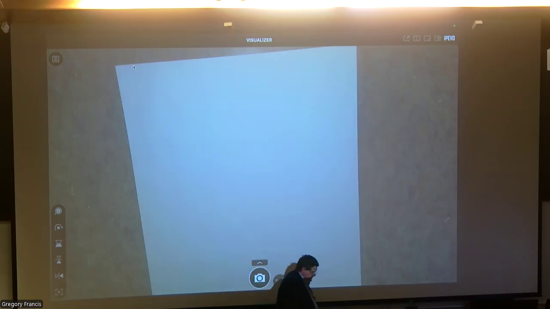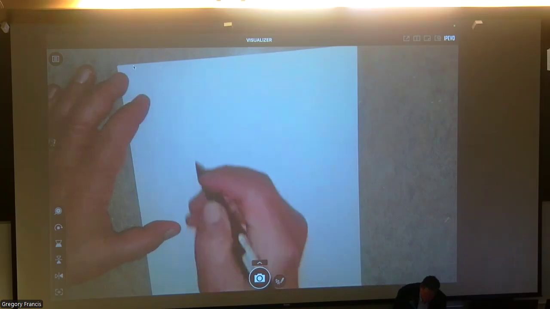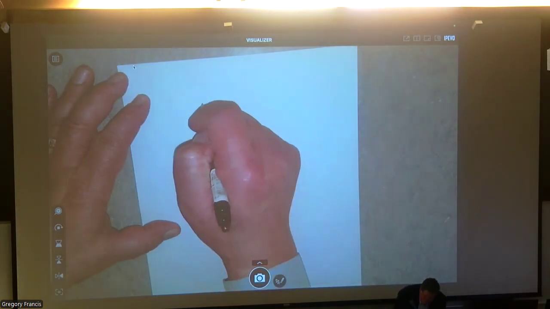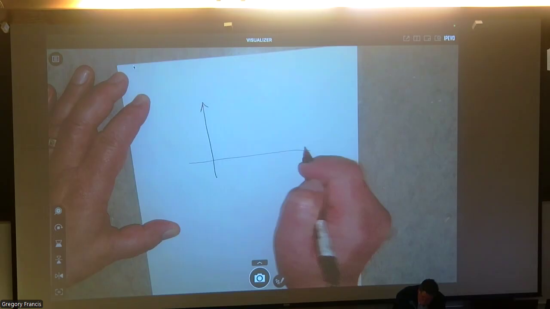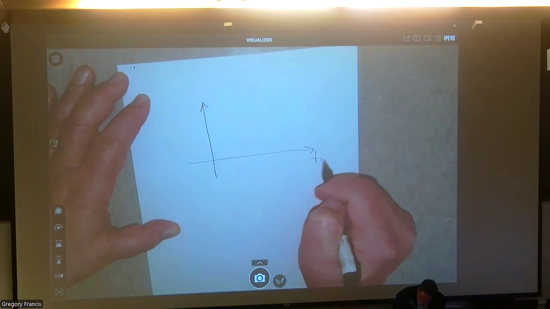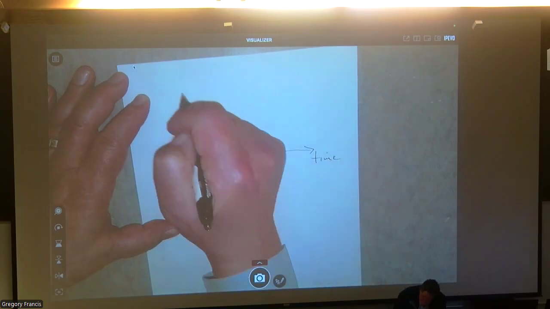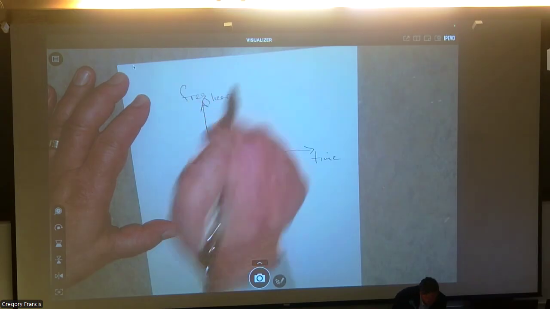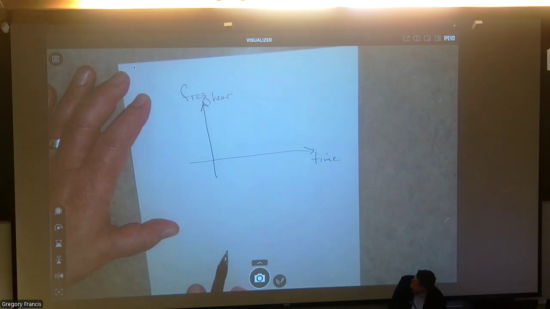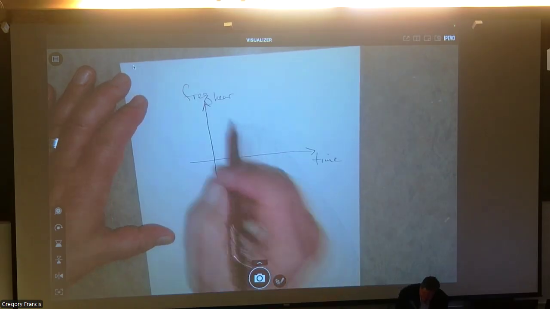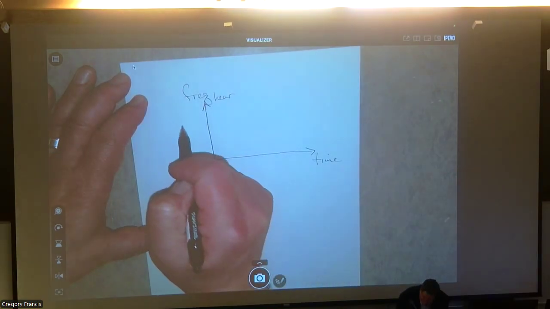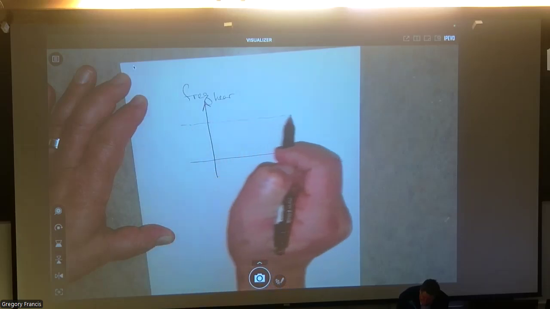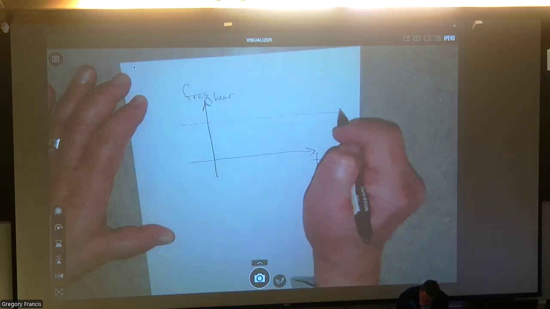So if I can just draw a graph here. As a function of time, if we plot the frequency that you hear, and let's say that there's a police car with a siren playing at 400 hertz.